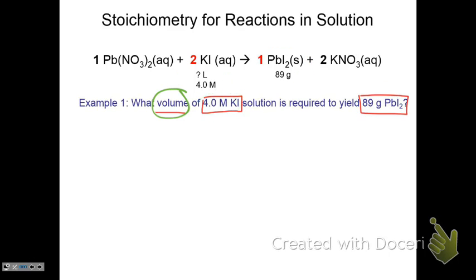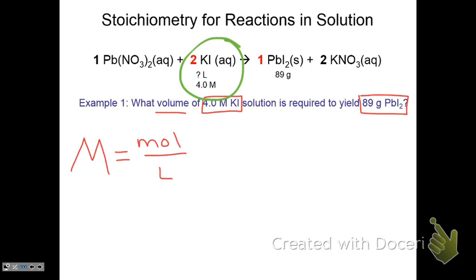So using my molarity equation, molarity equals moles per liter. If I look at the information that's given about this solution, I know I'm going to be looking for volume, that's going to be my X. I know I have the molarity, that's going to be 4, I can plug that in real quick.